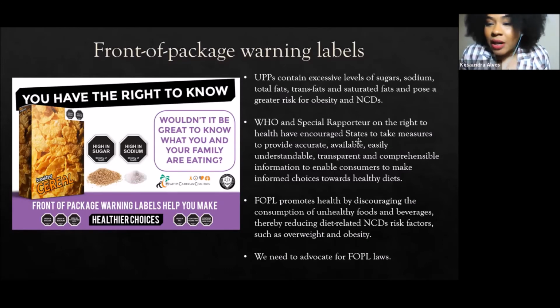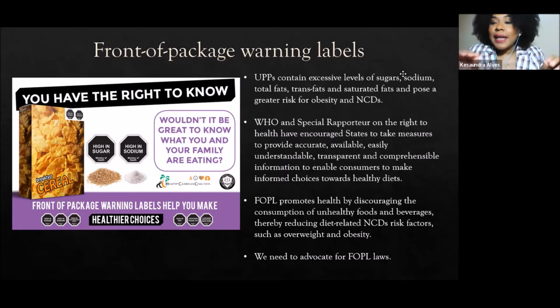I'm sure most people don't know how much sugar is in their Coke, how much fat is in their KFC thigh. We don't know. Even I don't know as an advocate. I know it's bad, it has these things in it, but you don't know how bad it is. And some people don't know that it's bad at all. So it's very important for them to have that information. And that's why we're pushing for front of package warning labels.